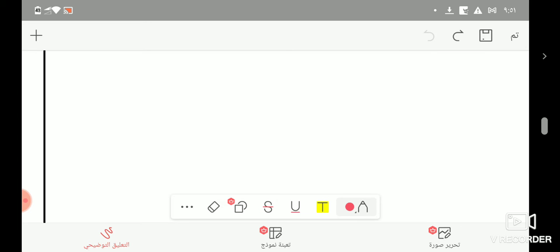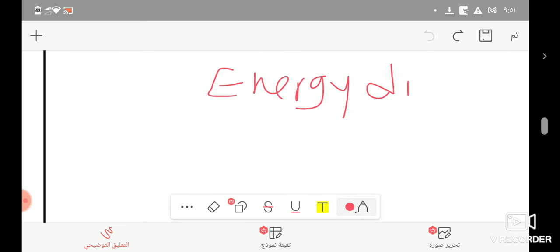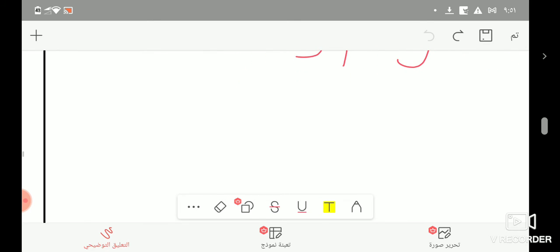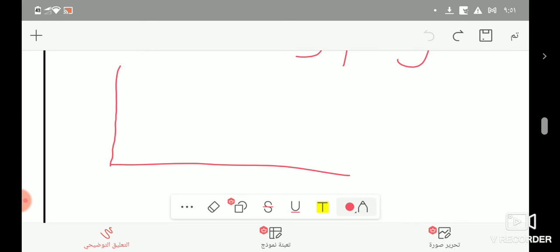So we can draw the exothermic and the endothermic process by using a curve called an energy diagram. This energy diagram includes two axes, the y-axis and the x-axis, and you can represent the reactant and the product, and the gap between them is the enthalpy change.